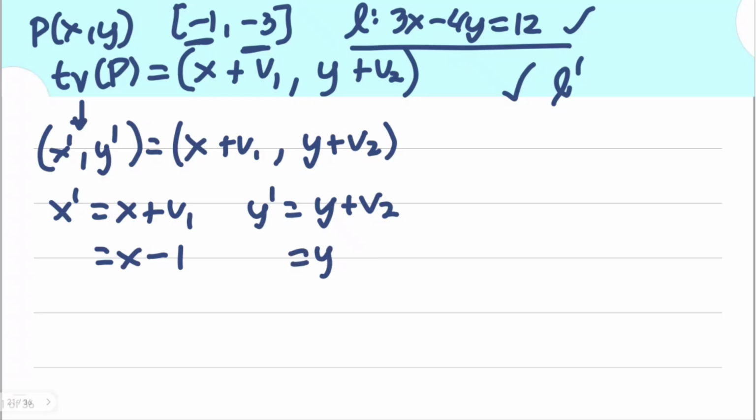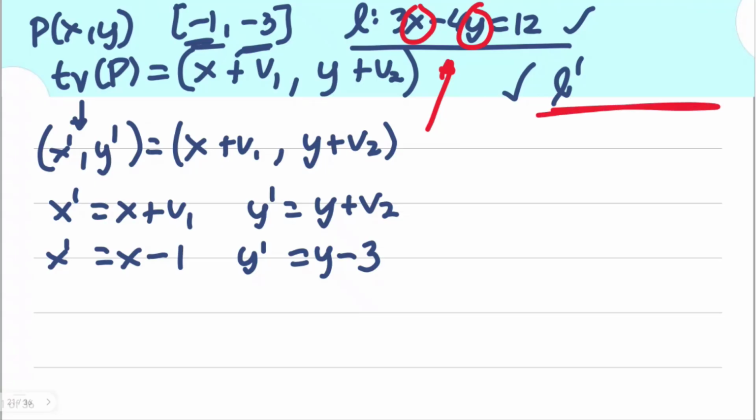Similarly here, y prime equals y plus -3, because we have here the components of our vector. Let us try to solve for our x and y, so that when we substitute that here, you would come up with an equation L prime containing primes instead of those x and y components as generally written.